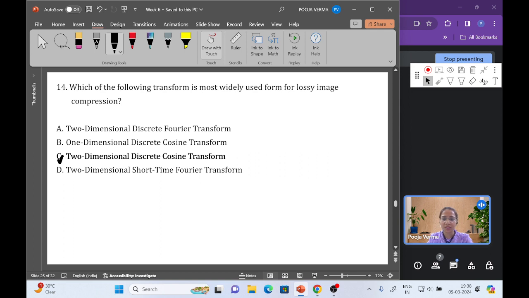So the two-dimensional discrete cosine transform is the correct option. The discrete cosine transform is used for lossy image compression. Okay, so clear? Can we move to the next question?